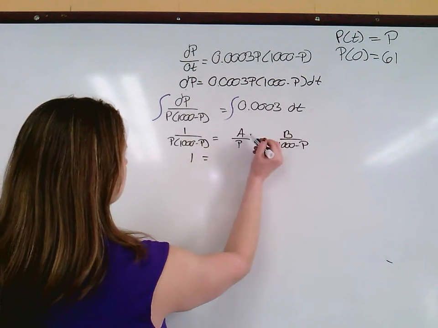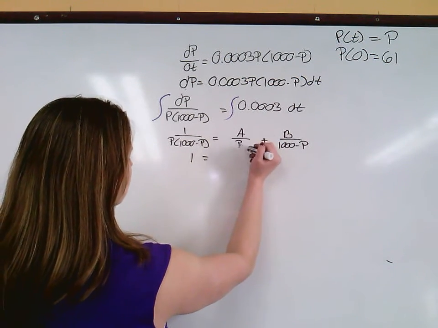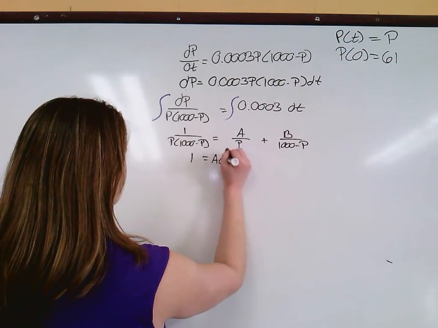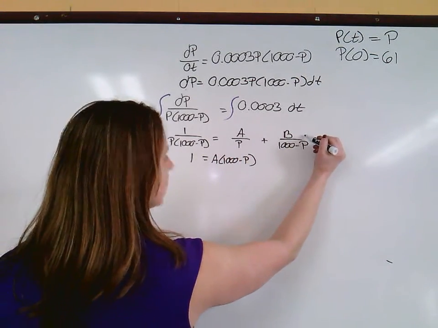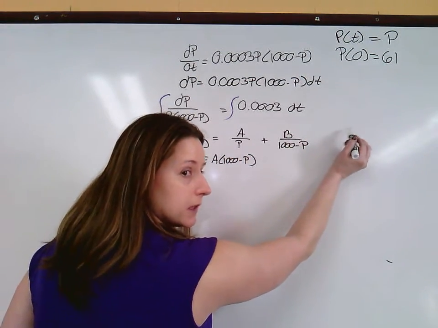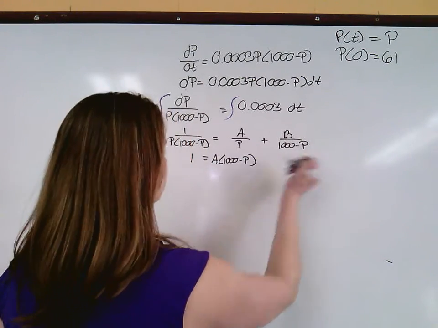P times 1,000 minus P, the P crosses out, so you got A times 1,000 minus P, and then P times 1,000 minus P, the 1,000 minus P cancels out, so you're just left with BP.